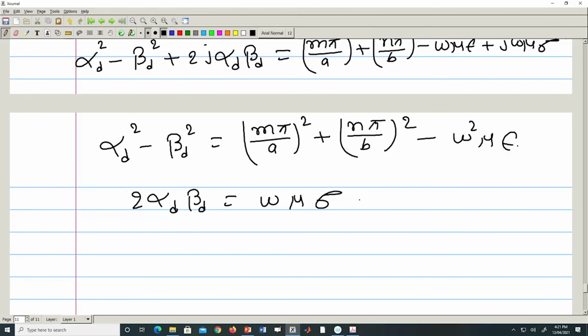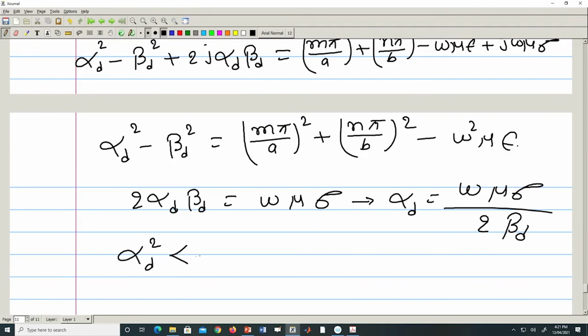From the second equation we will get alpha d equal to omega mu sigma by 2 beta d, and we can assume that alpha d whole square is very much less than beta d whole square, because beta d is the propagation constant and we want minimum attenuation, meaning minimum loss.